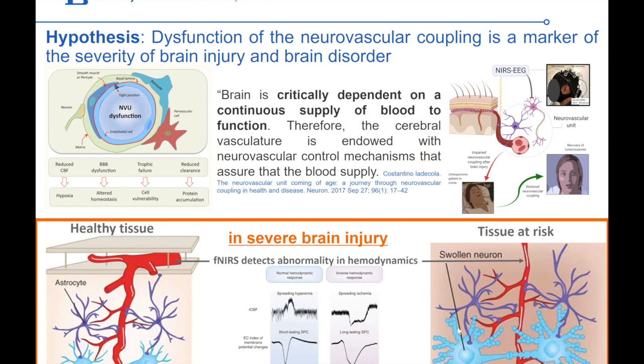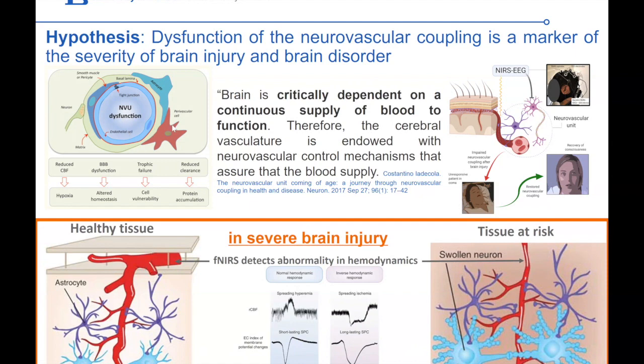This is a state where the tissue is at risk of damage or death. This is basically the idea behind the development of the engineering techniques that we use to identify this state, or a transition from the healthy tissue state to the tissue at risk state.